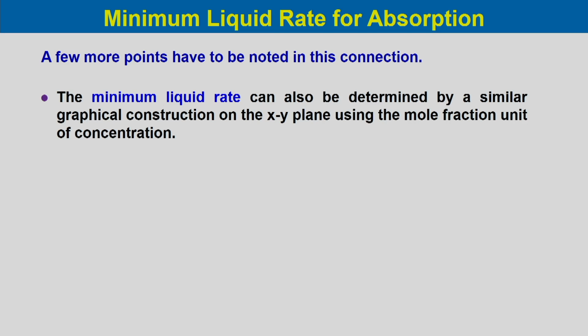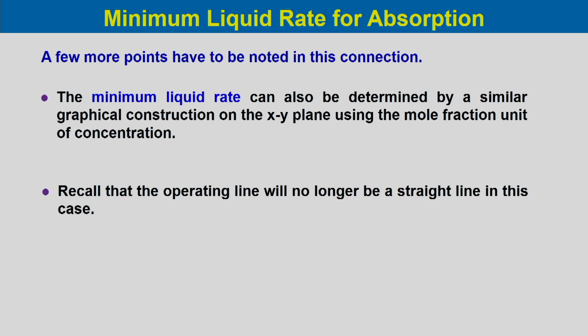The minimum liquid rate can also be determined by a similar graphical construction on the xy plane using the mole fraction unit of concentration. So far we have shown you the graphical construction using the mole ratio unit, which is capital X and capital Y, but the same thing can be done with the mole fraction unit on the small x small y plane.